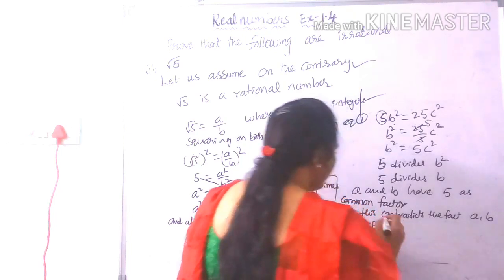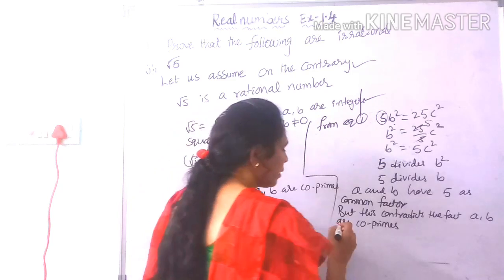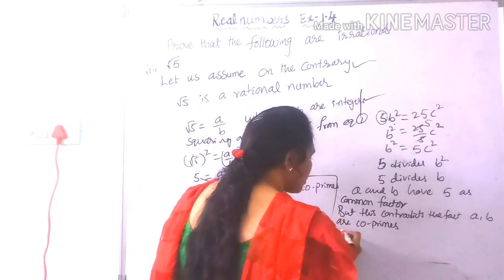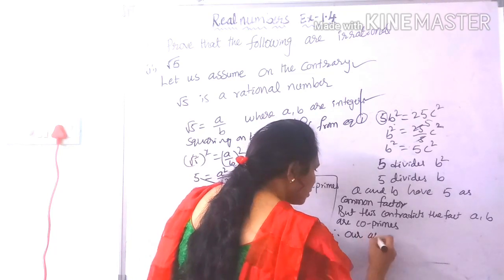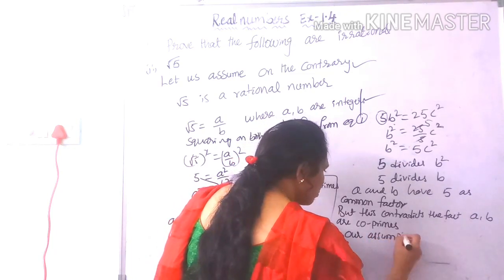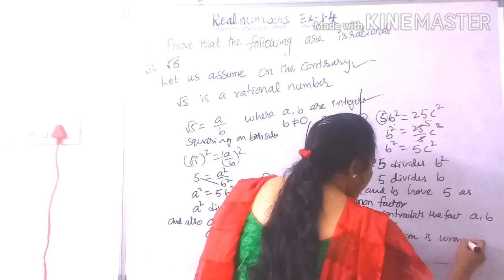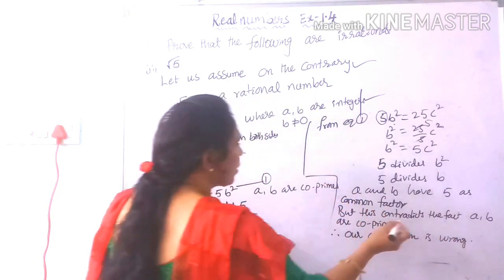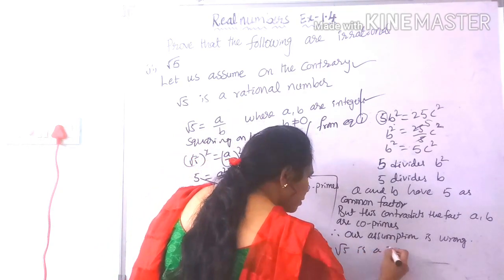Co-primes means there is no common factor other than 1. So our assumption is wrong. Root 5 is irrational.